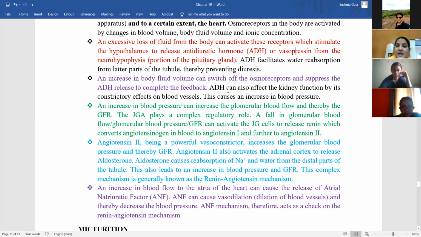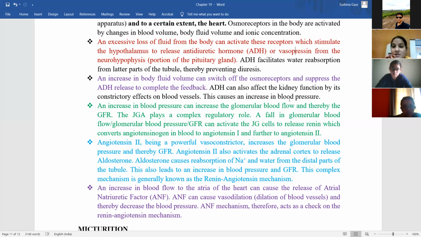So now this antidiuretic hormone can also affect the kidney functioning by its constrictory effects on blood vessels, because this causes an increase in the blood pressure. ADH can affect the kidney by constrictory effects on blood vessels. Constriction it can do.